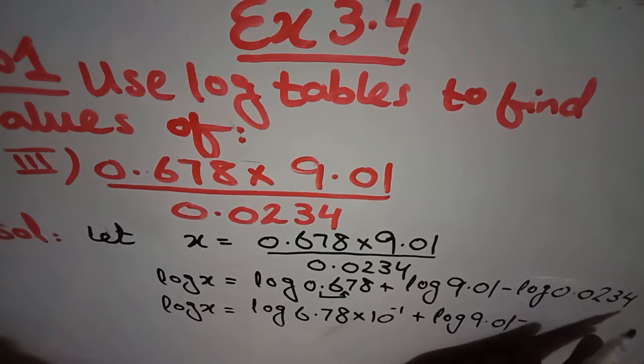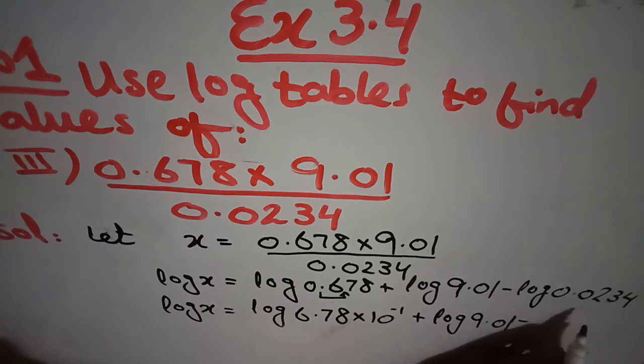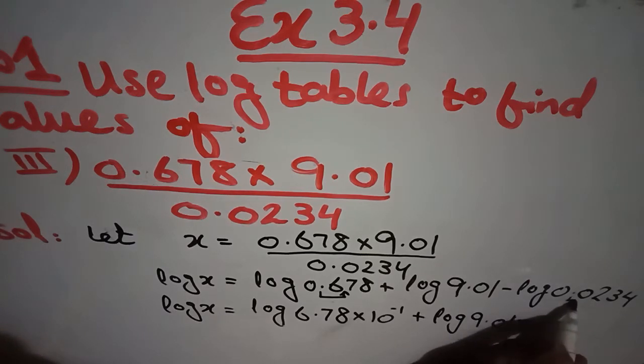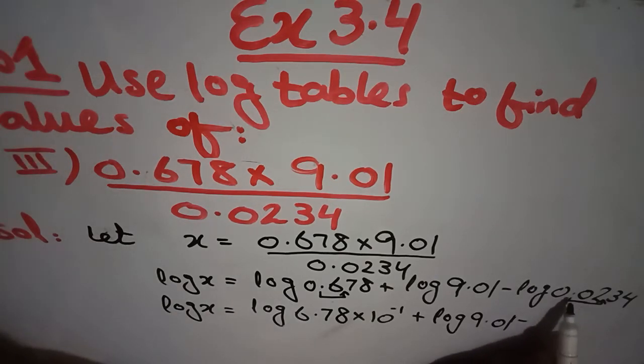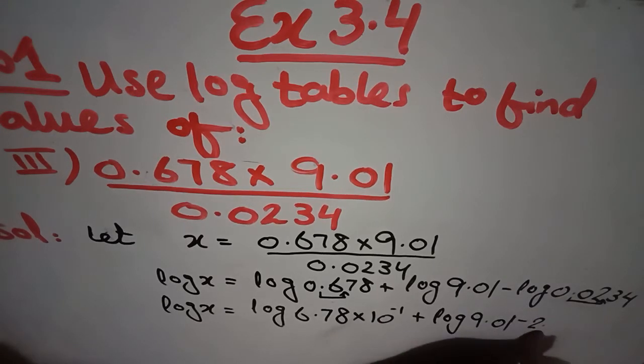log 0.0234. You move the point to after the second digit, because the first non-zero digit is 2, so that will be 2.34.